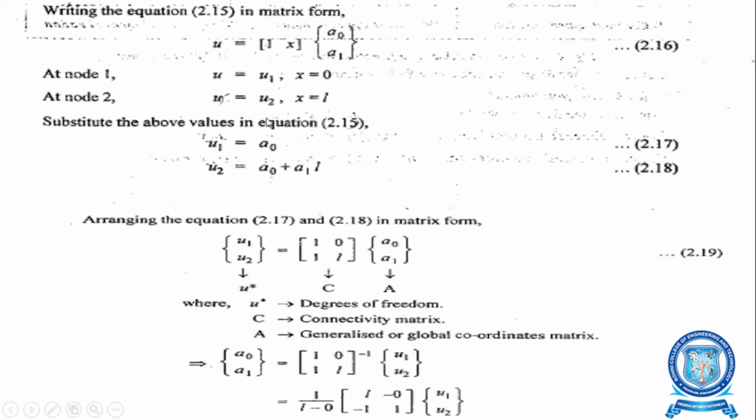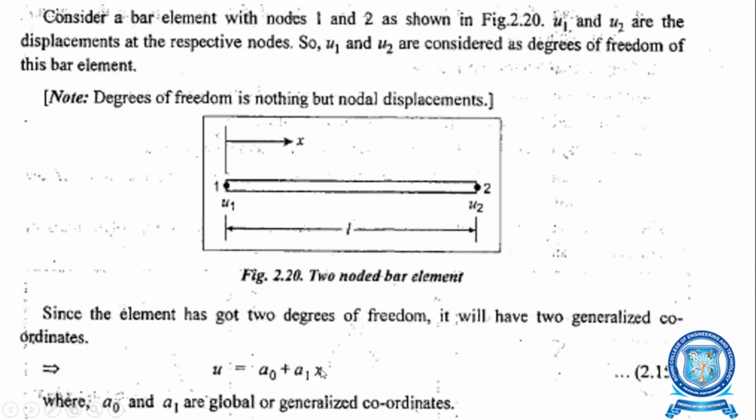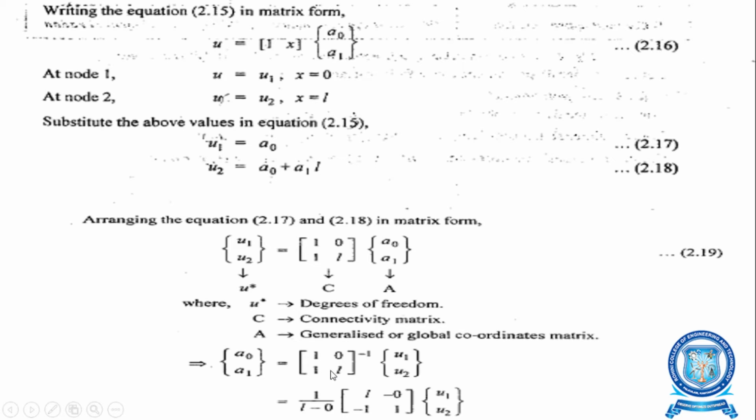In the above equation, u is equal to a0 plus a1x. So u1 is equal to a0, and u2 is equal to a0 plus a1L. Rearranging these equations in matrix form, the vector of u1 and u2 is equal to the matrix [1 0; 1 L] times the vector of a0 and a1.